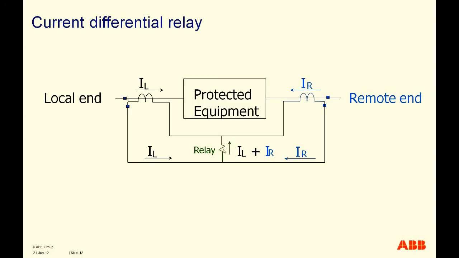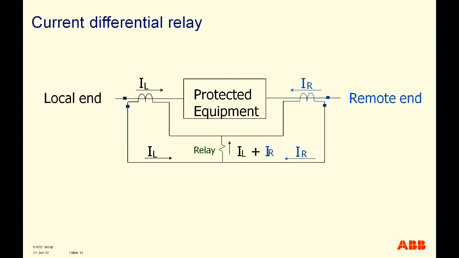IL plus IR will flow through the operating coil of this differential protection relay. And this is the protected object, which can be a transmission line in case of line differential protection, or other protected equipment like a transformer.